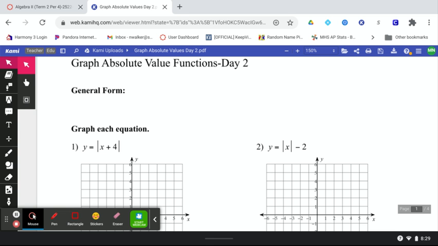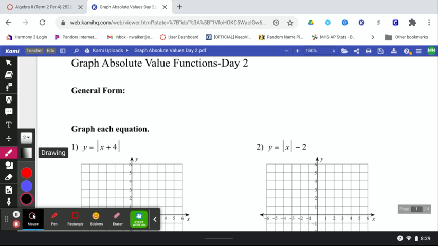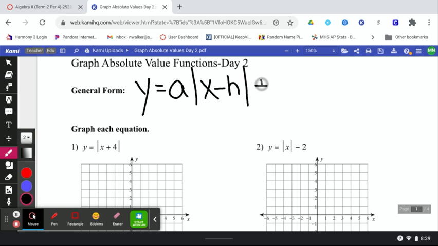So absolute value functions do have a general form that looks like this. This is what the general form is for an absolute value function.